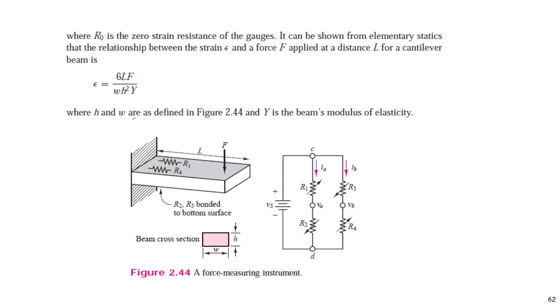R0 is the zero-state resistance of the gauge. If the force F is applied here at distance L from the cantilever beam, the strain can be computed by 6LF divided by WH squared Y, where H is the height of the body, and Y is the beam's modulus of elasticity.